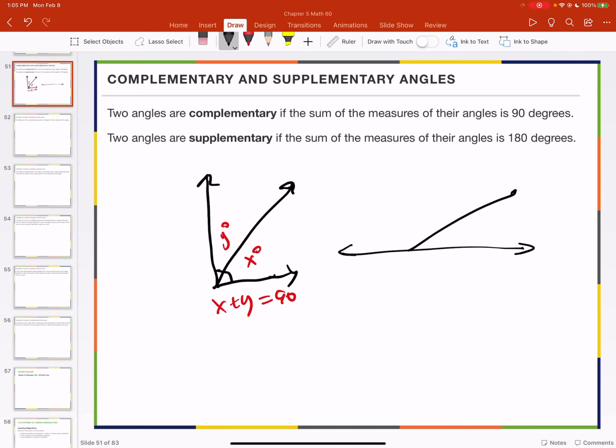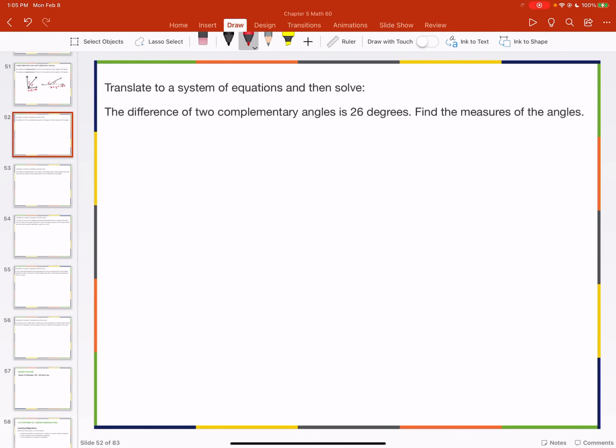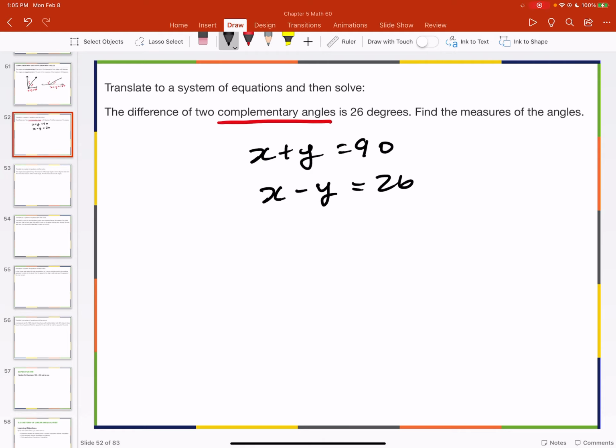What supplementary would look like is this: you have 180 degrees, and if you had two angles and put them together, x plus y, you would get 180. So, the difference of two complementary angles is 26 degrees. Right away, because it says complementary angles, I know that the sum of them is 90, and that the difference of them is 26. That's what's given here.